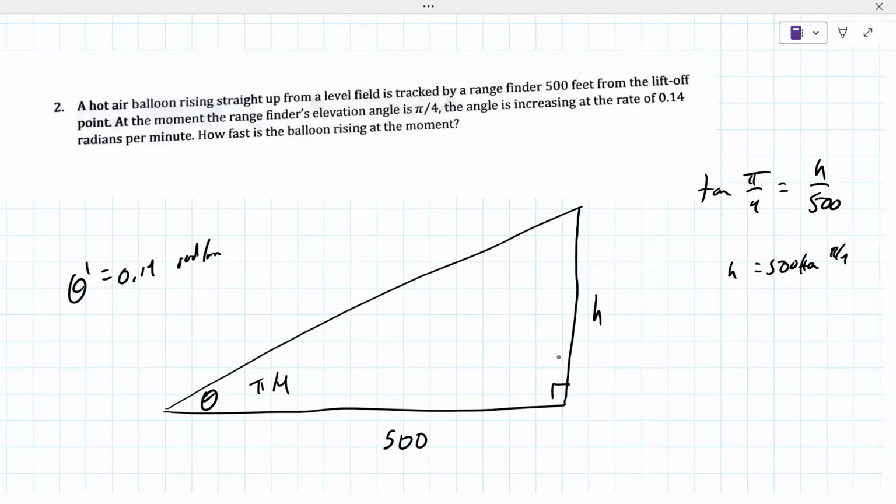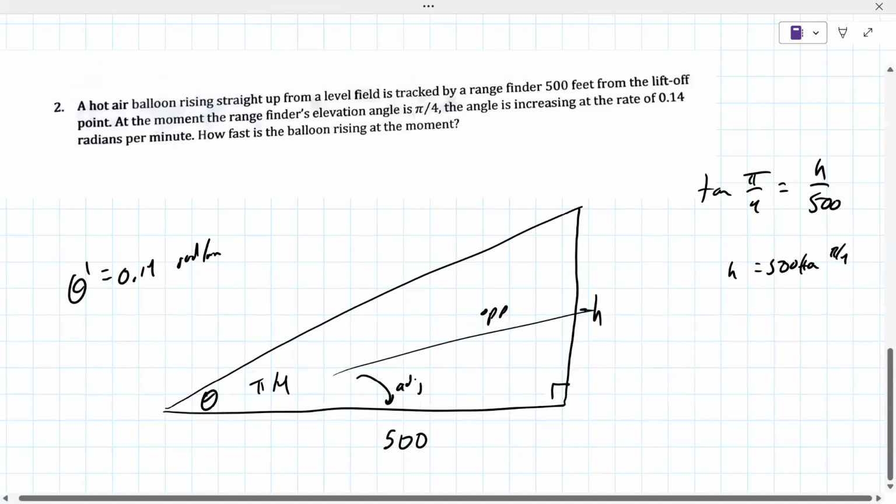Just by what's given, you're interested in the height, that's opposite, and then adjacent, you're given. That's why I asked what we thought was 500. So tangent pi over 4 is 1, so H is 500.